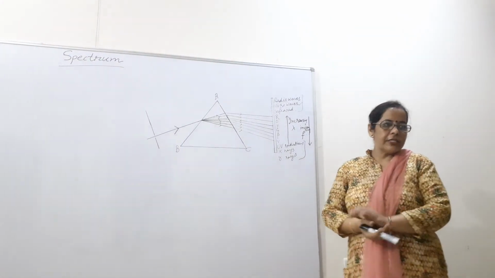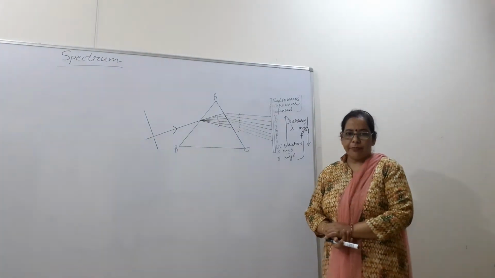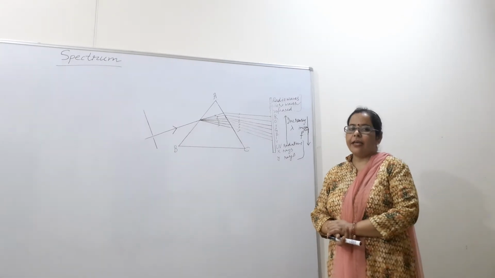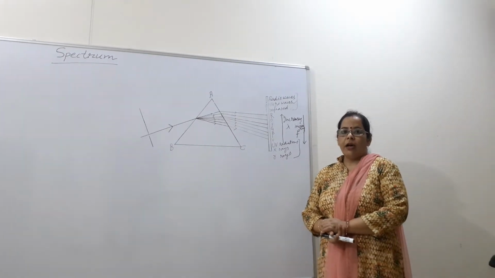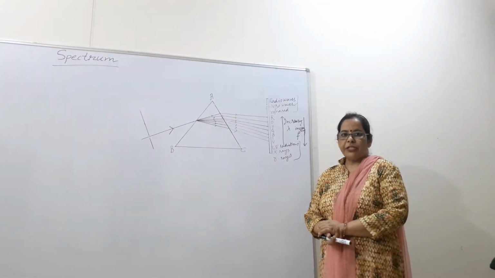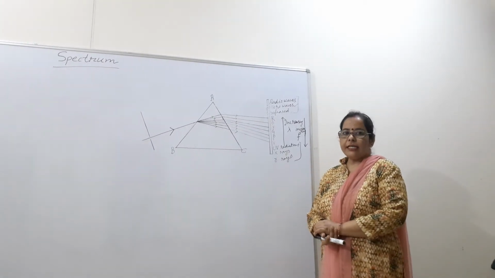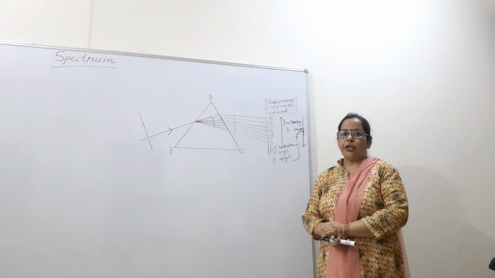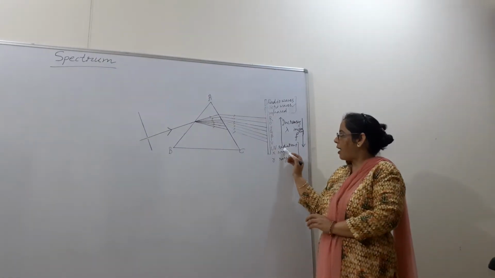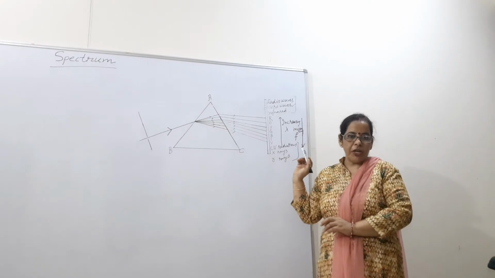UV radiations are used for sterilizing purposes. Sterilizing means, like in hospitals, after or before an operation, the medical equipment has to be made germ free, and these radiations are passed through the equipment to make it germ free.